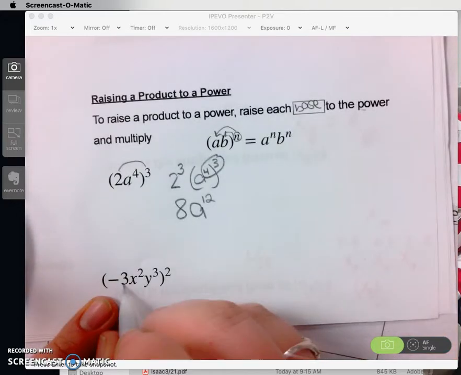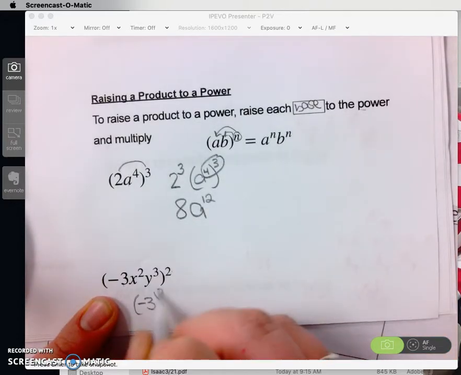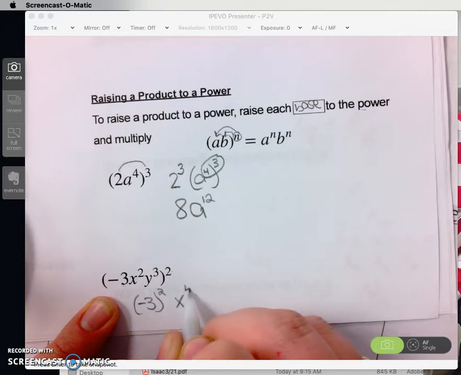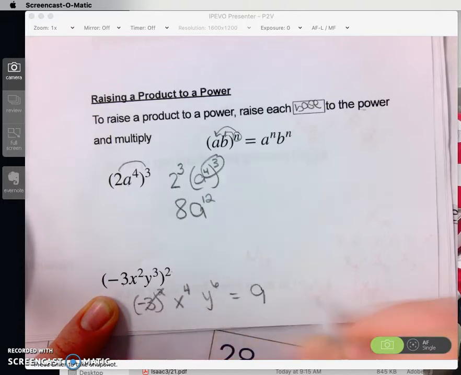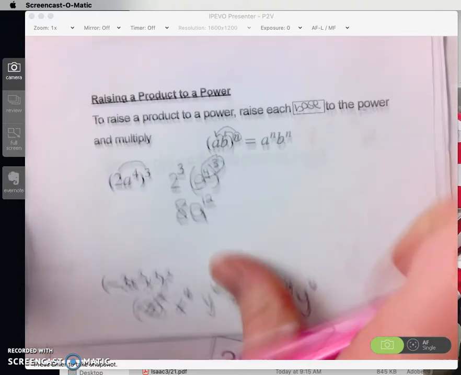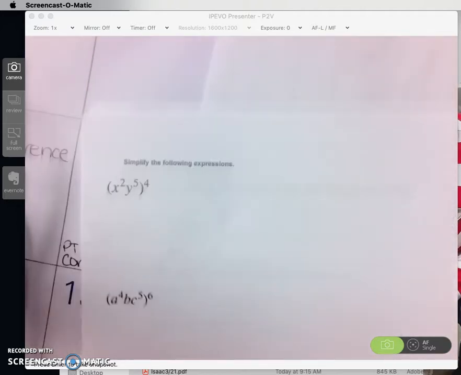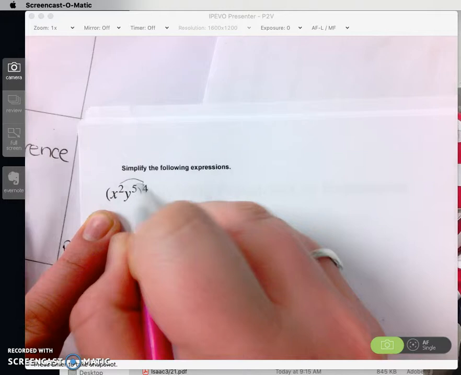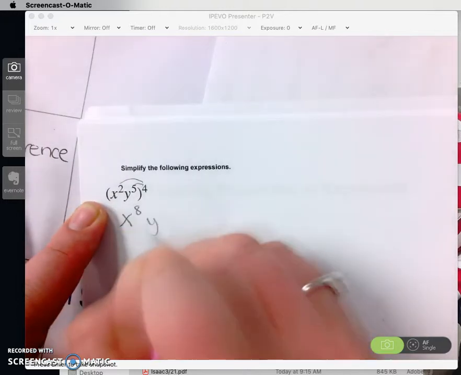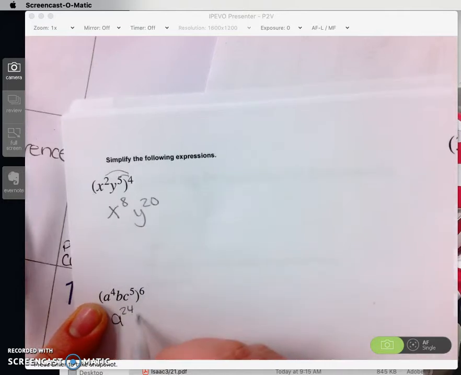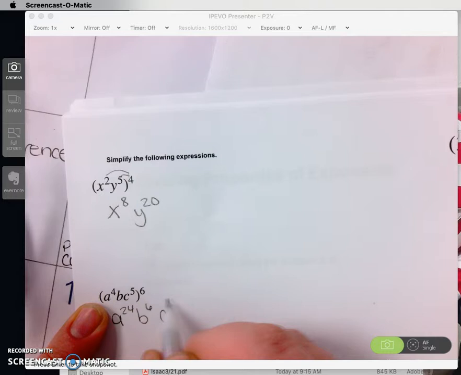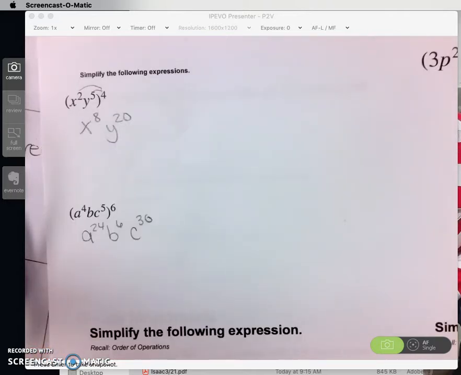So negative 3 to the 2nd power, I have x to the 4th, y to the 6th, this becomes 9. x to the 8th, y to the 20th, a to the 24th, b to the 6th, c to the 30th. That's as much as I can simplify it down.